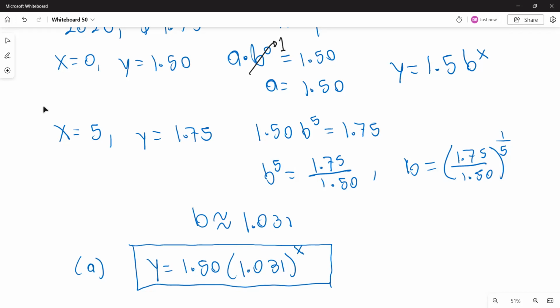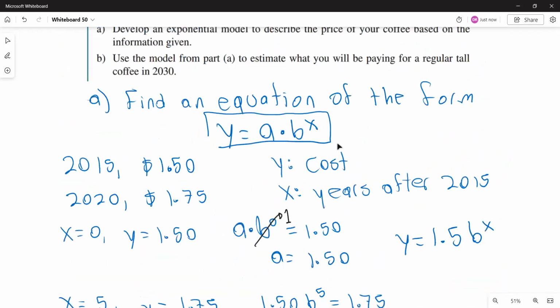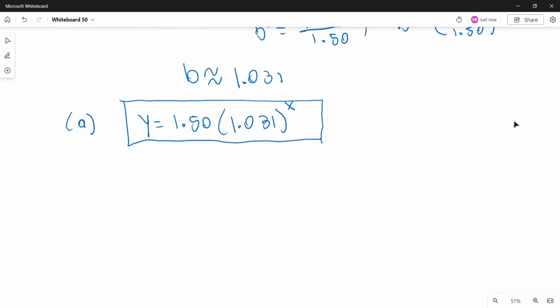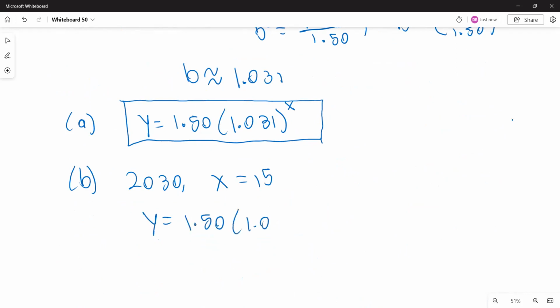Part B: use the model from part A to estimate what you will be paying for a regular tall coffee in 2030. So 2030 is going to be 15 years after 2015. And the price is going to be 1.50 times 1.031 raised to the 15th power.